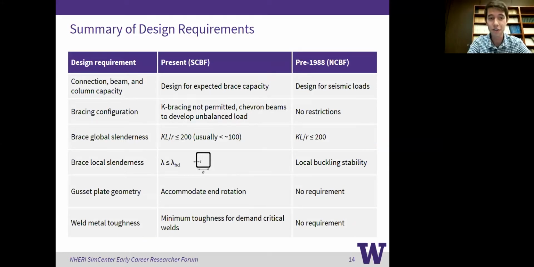There's a restriction on local slenderness, but it's really nothing compared to what we have today. It's just a basic compression member local buckling limit. Gusset plates didn't have to accommodate end rotation. They didn't have to develop the maximum or the plastic moment capacity of the brace. And then the welds did not have to be demand critical. They didn't have a minimum toughness, so they're prone to fracture after just a little bit of cracking.